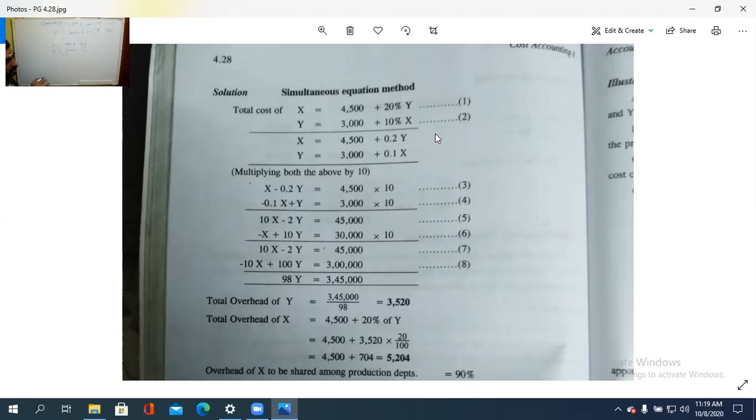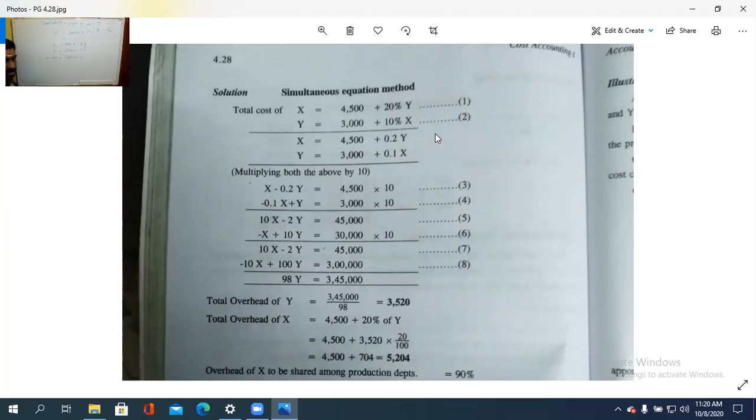Bring the 0.2y to this side. So x minus 0.2y is equal to 4,500, isn't it? Into 10.